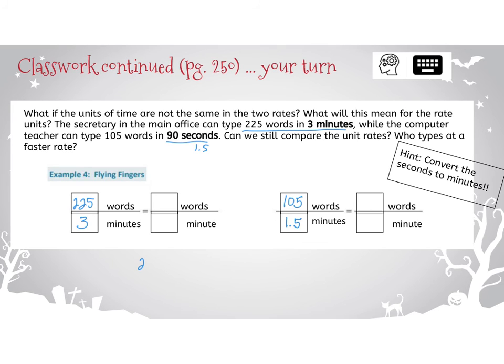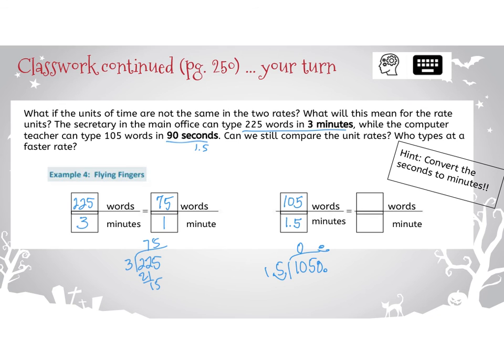Let me do my 225 divided by 3. So that's 75 words a minute. And then this one, I've got 105 divided by 1.5, so I'm going to bump over. I'm going to add a 0 and put my decimal up here.